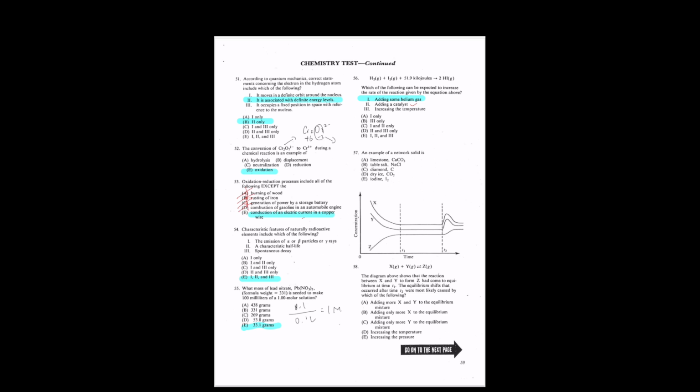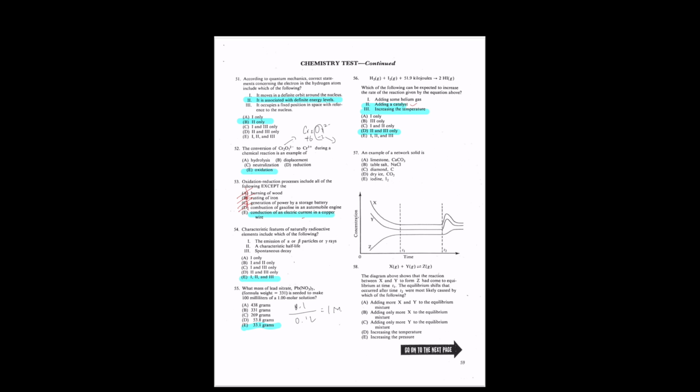Increasing the temperature, and according to Le Chatelier's principle, if you increase the pressure here, the reaction will tend to shift to the right, so that's also true. So the answer should not be 1, should be 2 and 3 only, D.